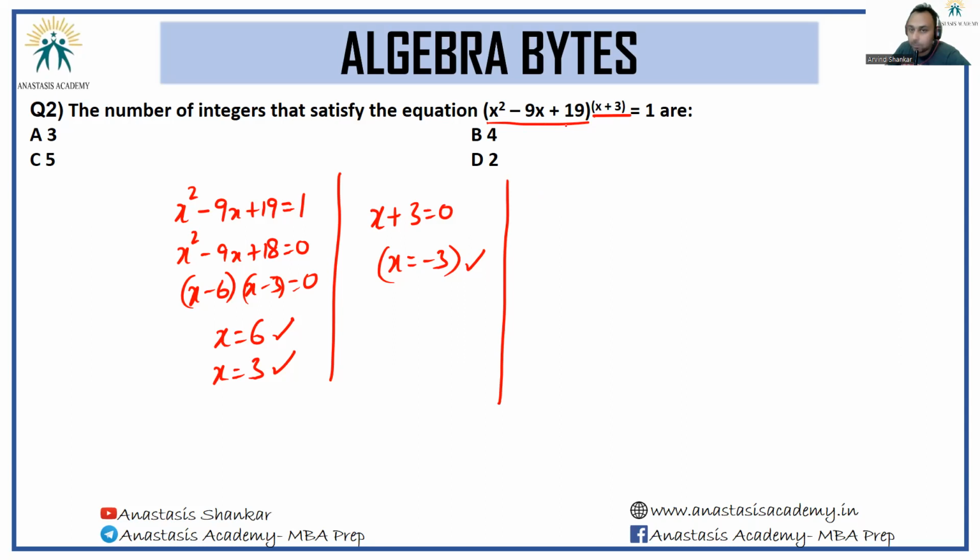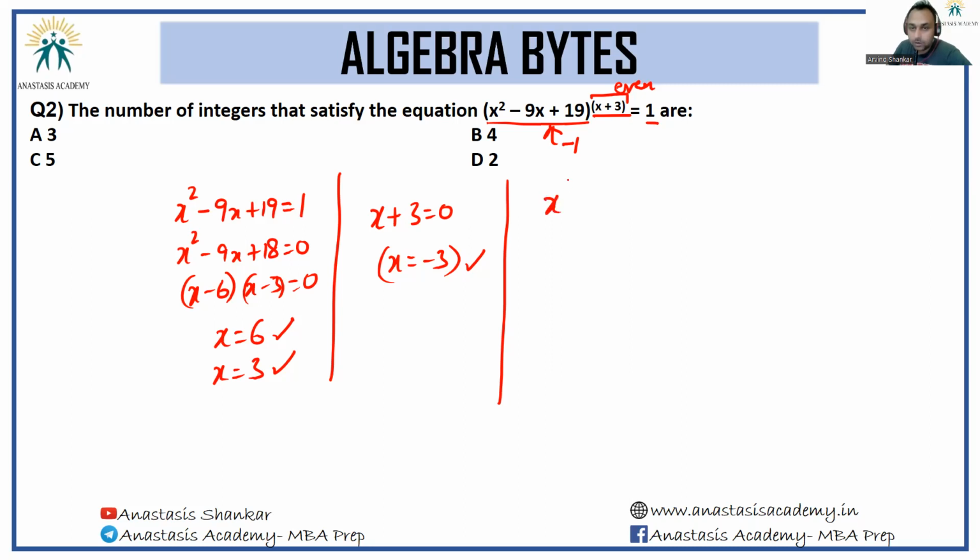If the number at the bottom is minus 1 and this power here is even, then we would end up at 1.